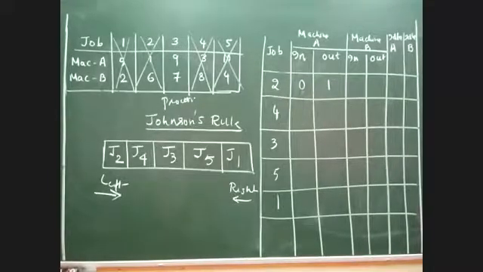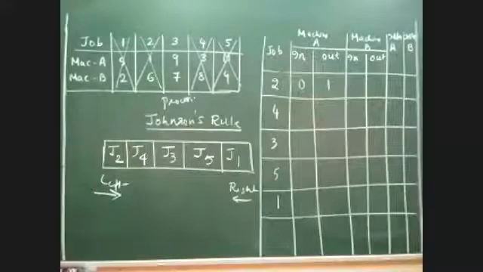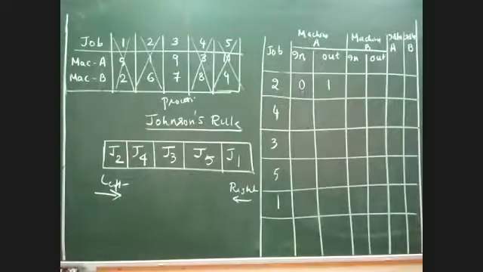Job number 2 is a single job, and two different machines work on it: one machine A and another machine B. So if machine B has to be given a job, first it must be completed on machine A. You all agree with me? Since it's only one job, only once it is completed by machine A can I give it to machine B. Otherwise I cannot give it to machine B. You agree with me on this? Everybody? Yes, sir.